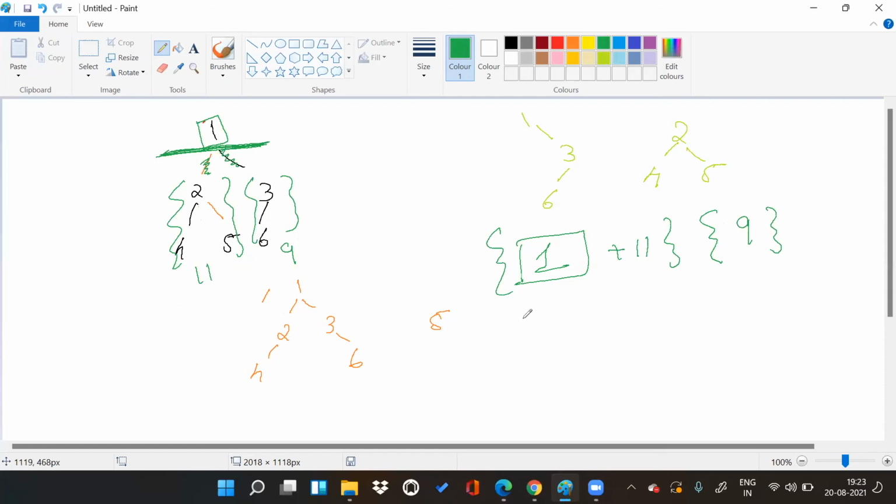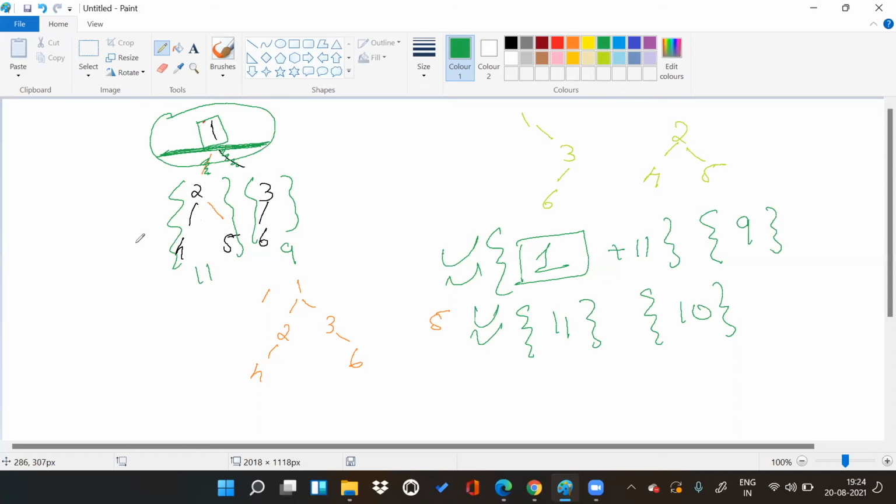The other option is that one of the subtrees has a sum of 11, and the second subtree has a sum of 10. This can be easily calculated if we know the sum until the node at which we are taking a decision to remove the left or the right edge.